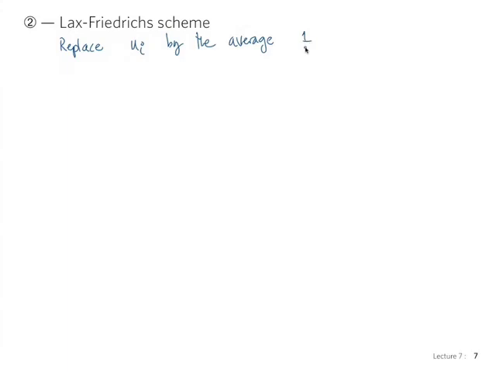So the key to this scheme, a clever idea, is to replace U_i by the average, 1/2 (U_{i-1} plus U_{i+1}).